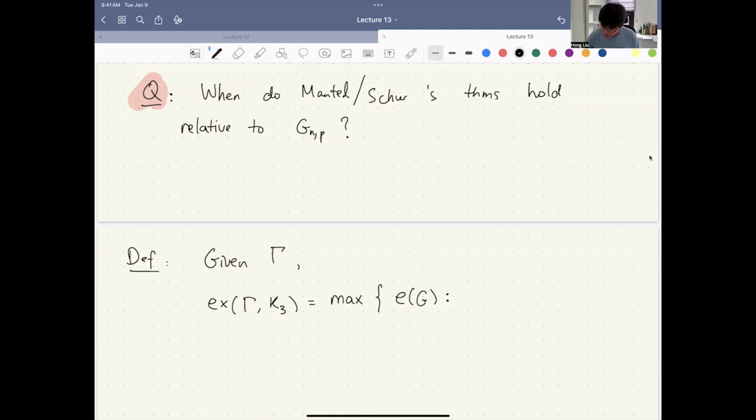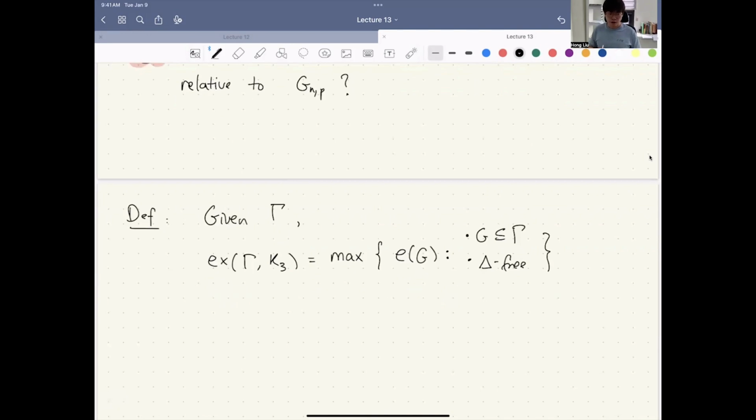So G is a subgraph of Gamma and G is triangle free. In this notation, if you replace Gamma by Kn, that's our original extremal number. So for example, ex(n, K3) is nothing but the extremal number of K3 against subgraphs of Kn.